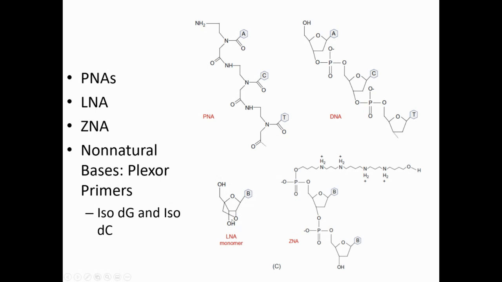See the structure here, the locked nucleic acid. And the ZNA, which is here, that's called a zip nucleic acid. You can compare these with the normal naturally occurring DNA structure. You can see the structure is very similar.